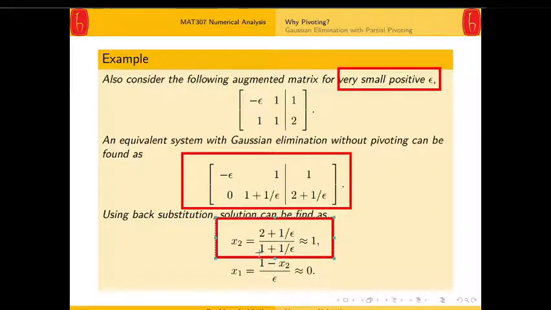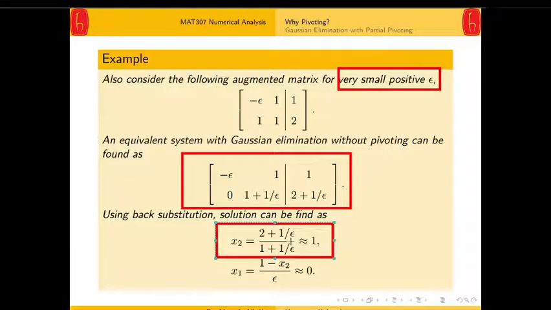If you're working with a machine with a large machine epsilon, this will cause a problem, because after some point, if the number itself is large enough, adding 1 to the number will not change the number at all.